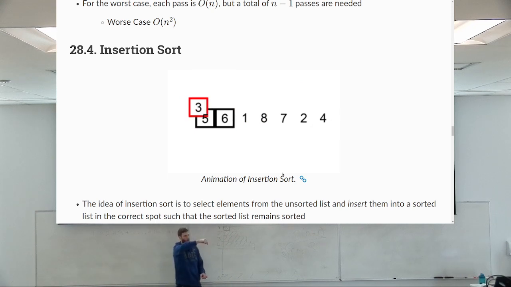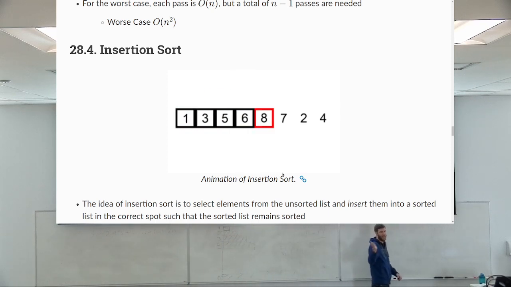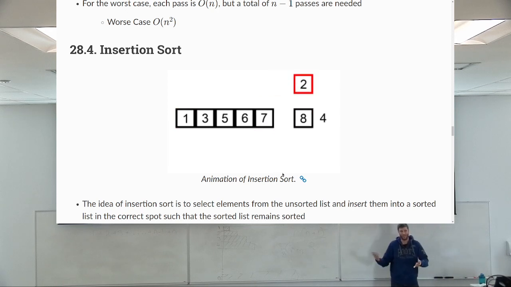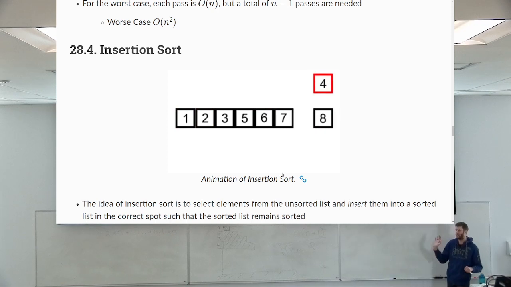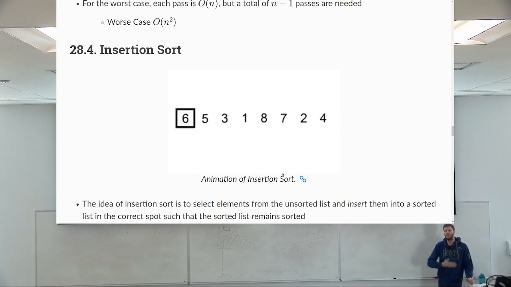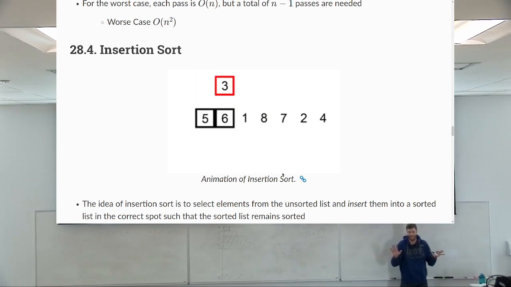And then 4, I got to look at 1, 2, 3, and then add the 4. So if we started scanning at the beginning, worst case scenario would actually be if you got the elements in order. So the best and worst case scenario here actually depends on the implementation details. But be aware that there is a best and worst case scenario. That's important.